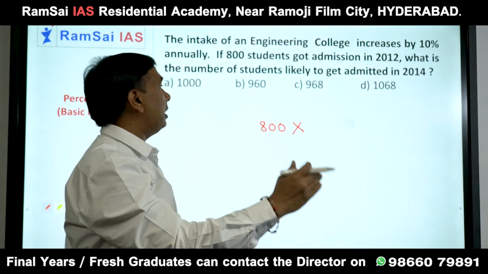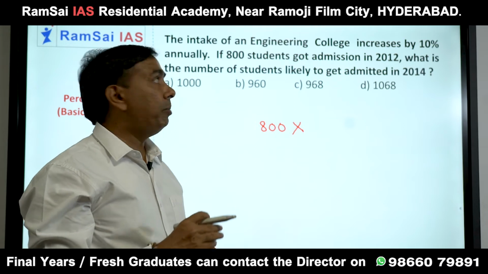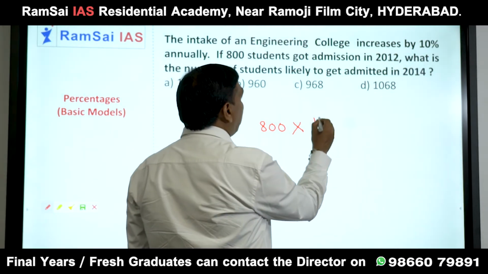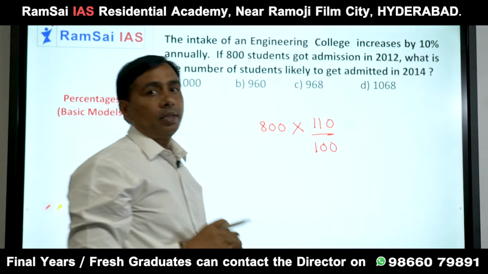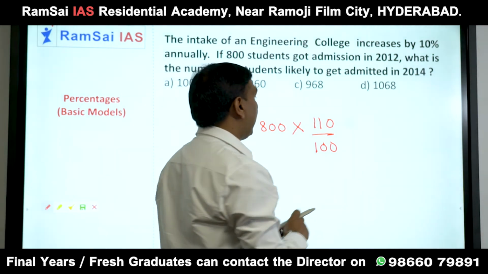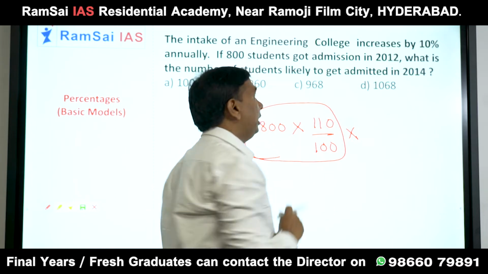Now it gets increased by the next year. That means by 2013, there is an increment of 10%. That means it is 110 by 100, and this is the strength in the year 2013.